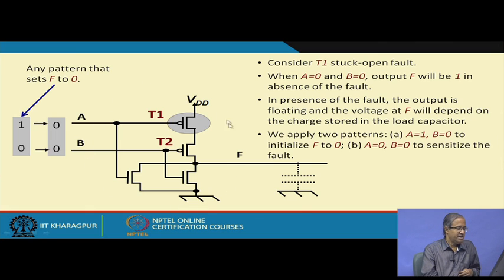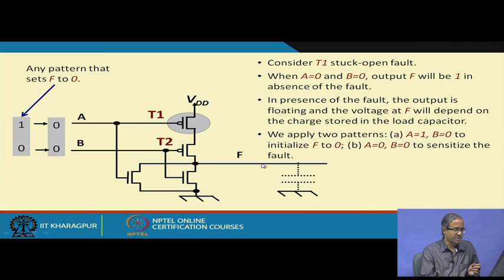Here we have a 2 input NOR gate. There are 2 NMOS transistors in the pull down and 2 PMOS transistors here. The output of this gate is driving some other gate or gates. Here I am showing the equivalent load capacitance.